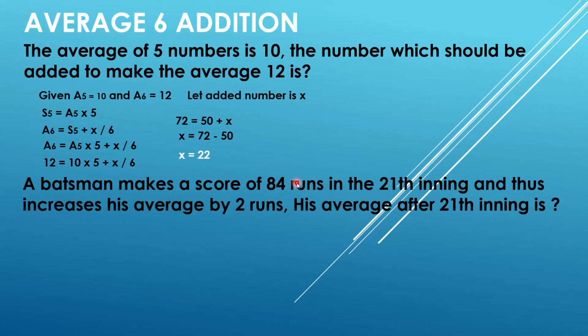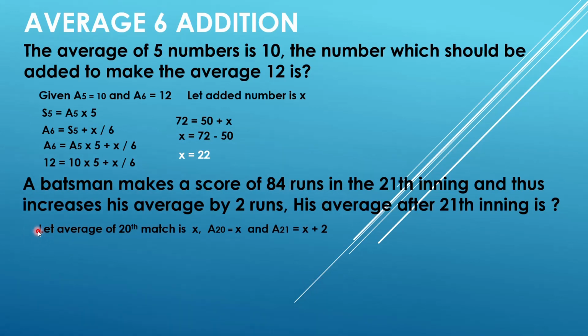One batsman made a score of 84 runs in the 21st inning, so the average of the 20th inning is increased by 2 runs. We need to find the average after the 21st inning, not the 20th inning. Let's solve it. So what is given?